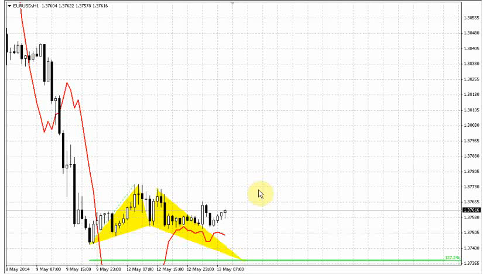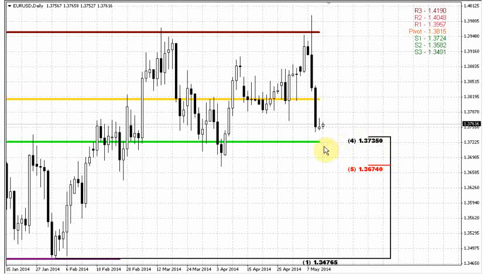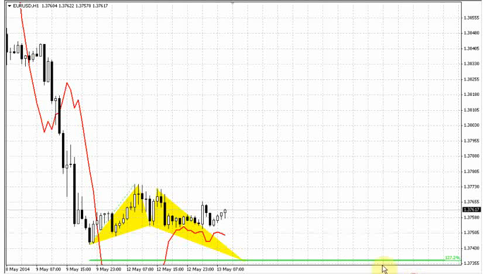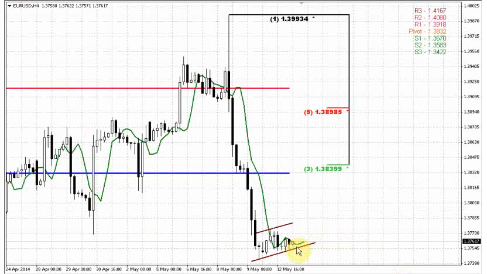So you can see that the area around the 50% FIB support and the area around monthly pivot support one looks very interesting, since those are three different clusters of support: pivots, FIB level, and harmonic pattern.